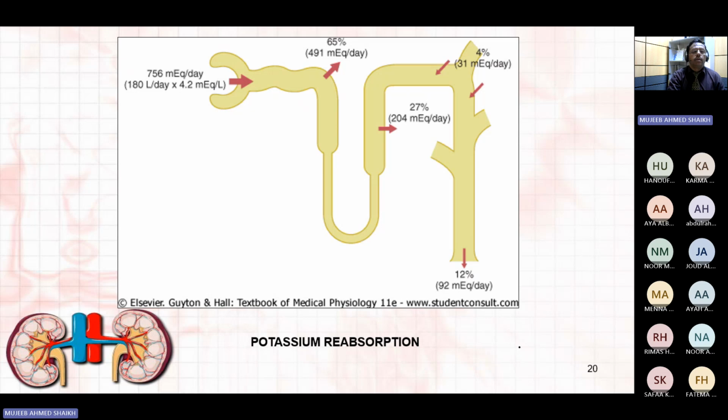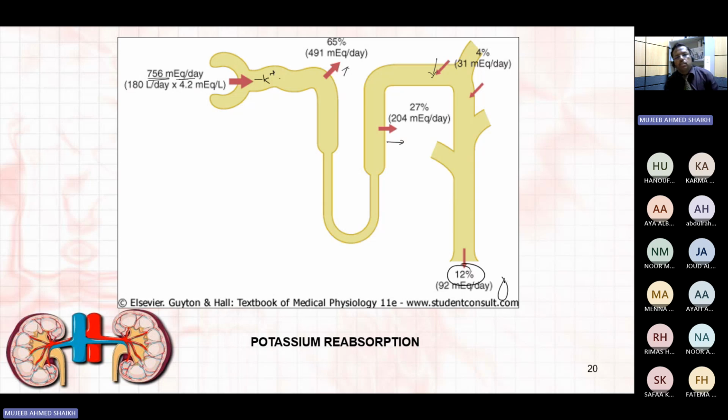This diagram is about, let's say, 356 milliequivalents per day filtered. Suppose these are potassium ions. Out of that, 65% is reabsorbed here in the PCT, 27% is reabsorbed here, 4% is reabsorbed here, and 12% is lost in the urine.